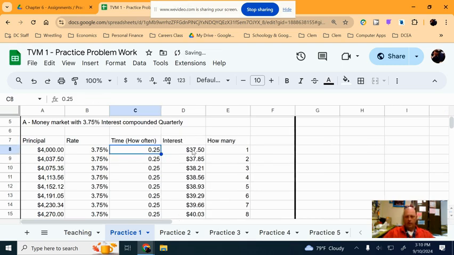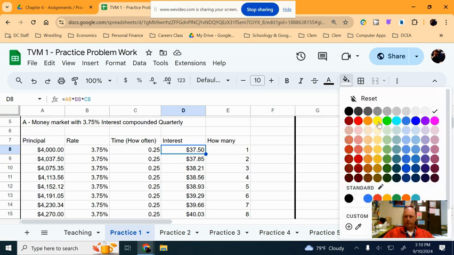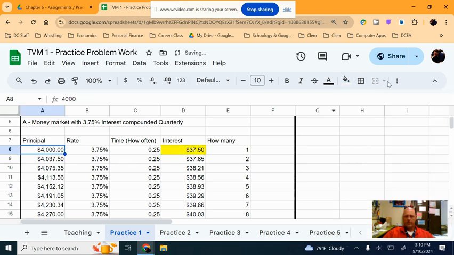And we calculate earning $37.50 in interest. Now that $37.50 gets added to the $4,000 in principal, and starting in month 4, we've got $4,037.50. Since our principal got bigger, the logic is our interest got bigger.